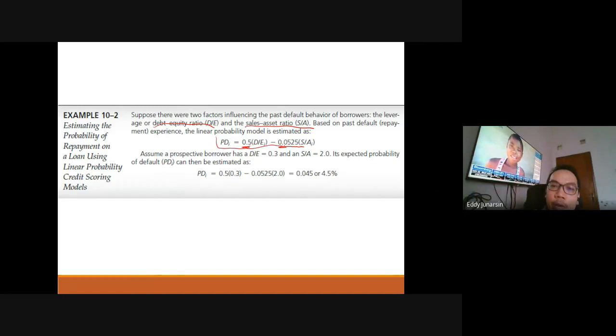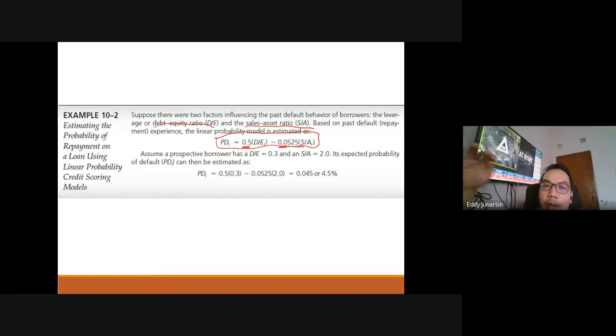Again, this equation is derived from the regression analysis that they conducted. In this example, they got 0.5 as the coefficient on the debt to equity ratio, and minus 0.05 as the coefficient on the sales to asset ratio.